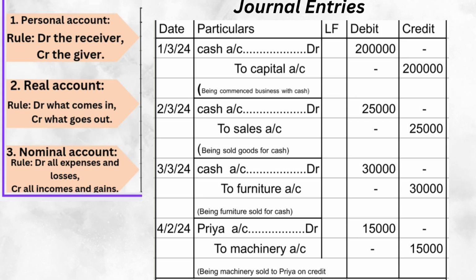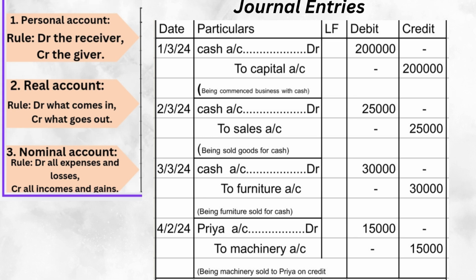So what do you write in the journal entry? What actually should you receive? Cash, but debit what comes in, and is cash really coming in? No. So instead of writing cash, write Priya's name, so that you will identify that Priya should give you money. Priya's account debtor to machinery account, because machinery is going out, being machinery sold to Priya on credit basis, 15,000 on both sides.